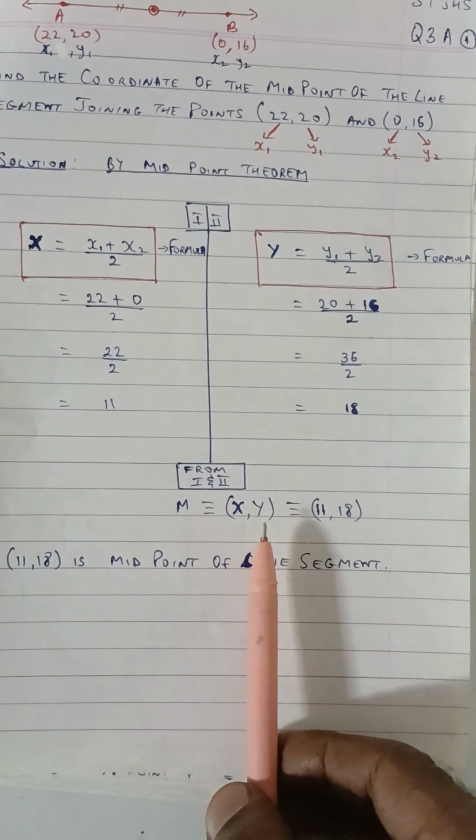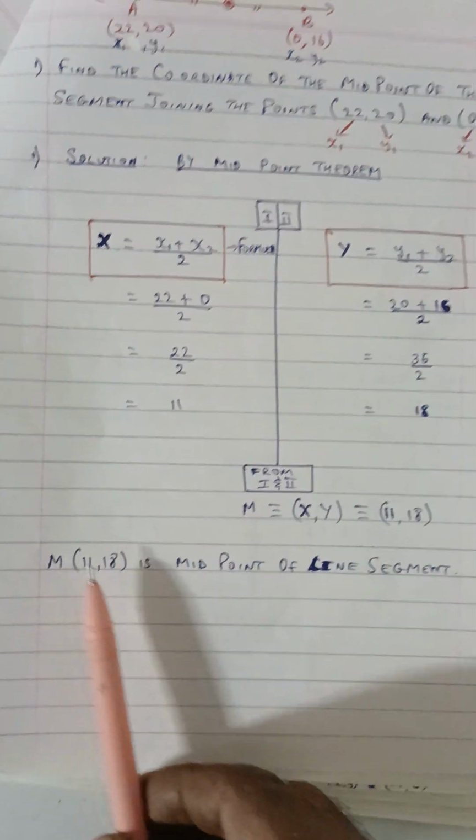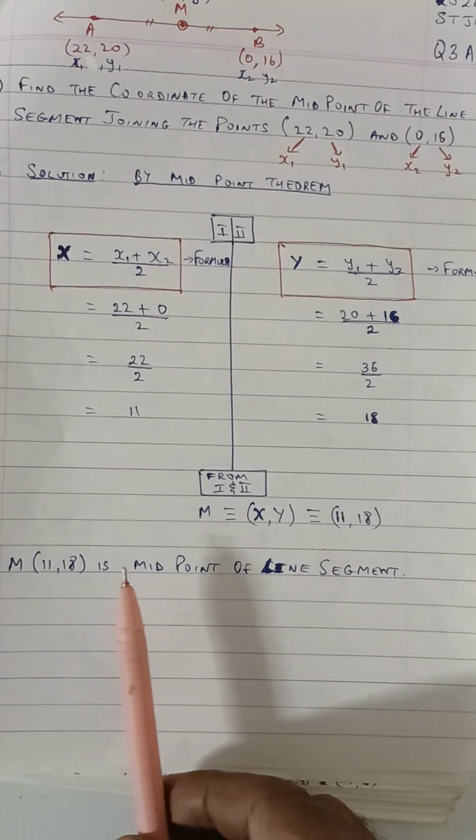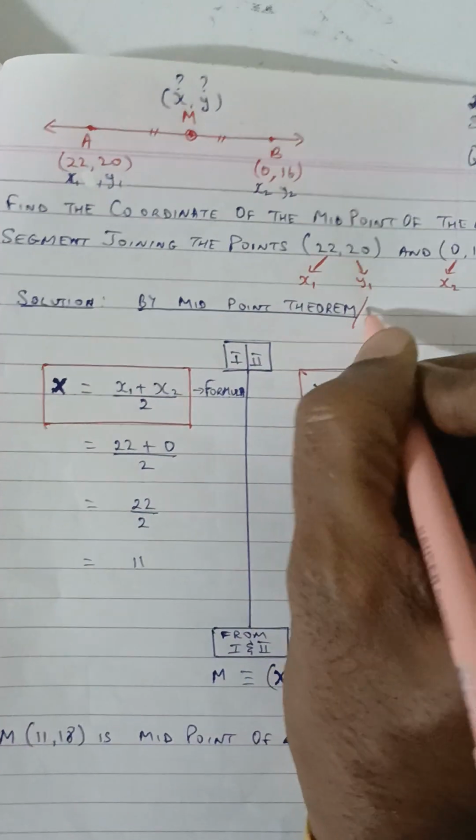M is x comma y, that is 11 comma 18. M is the midpoint of the line segment. We can also put the formula here.